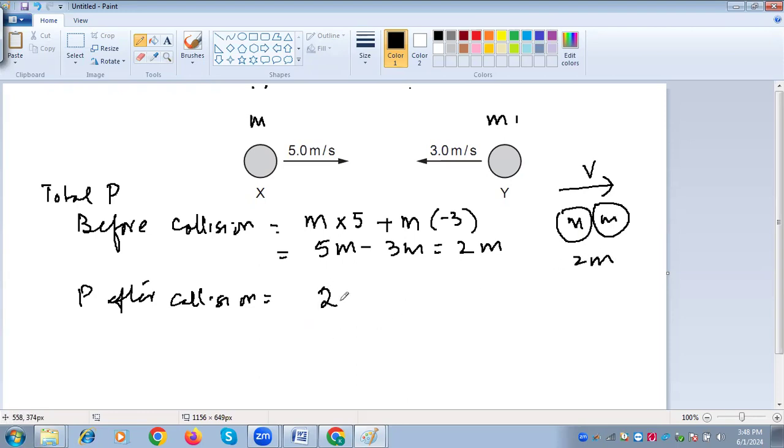So 2M into V. And according to law of conservation of momentum, total momentum before collision is equal to total momentum after collision. So what is the total momentum before collision? 2m. Okay, and what is the total momentum after collision? 2m into v.